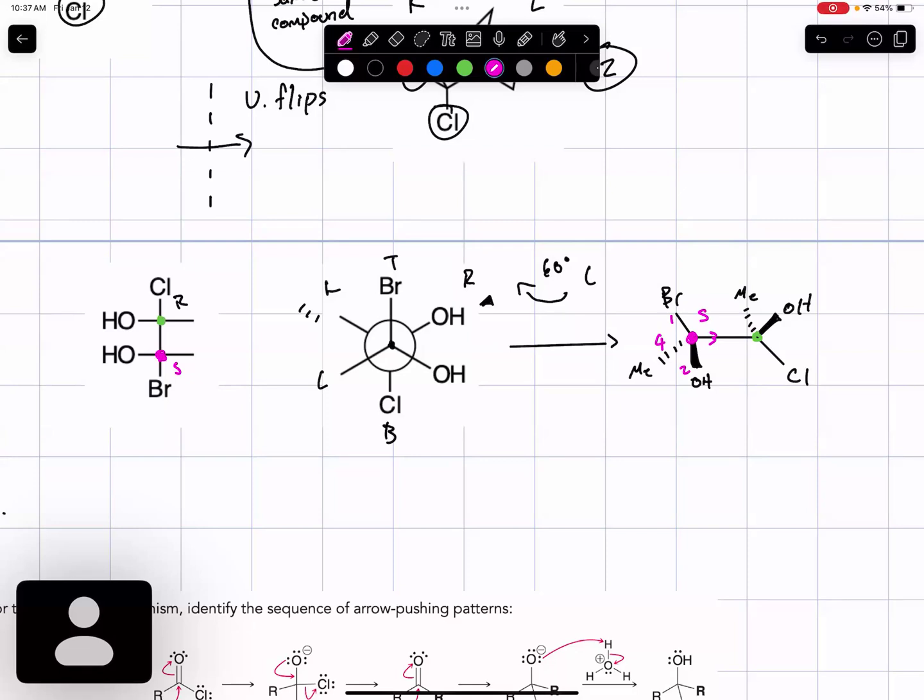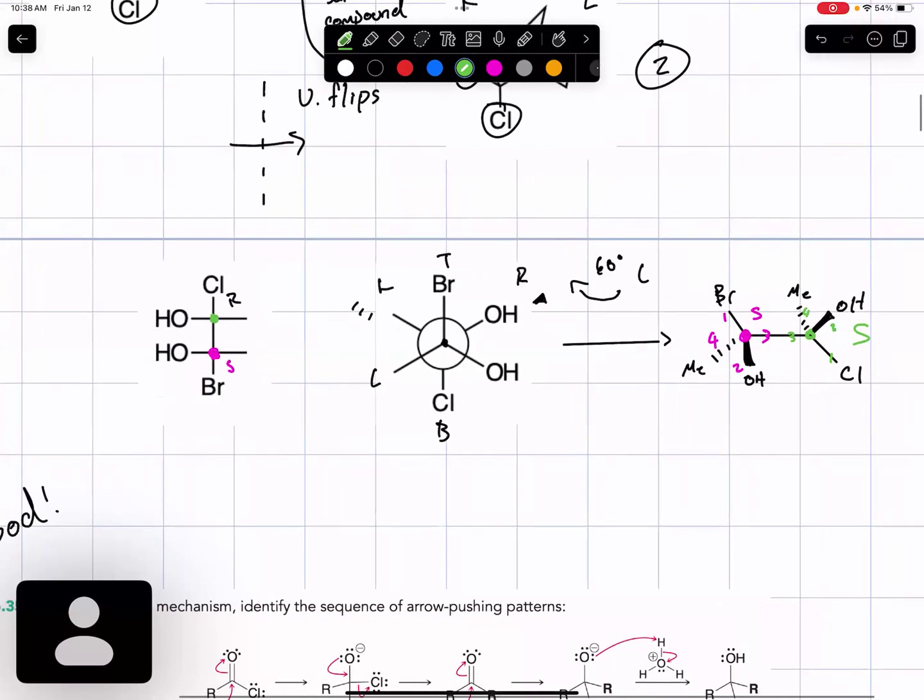S. S as well. 1, 2, wait, let's do this in green. 1, that's the 2, 3, 4, right? Actually, this would be 2. Hold on. No, that's 2. 3. Also S, right?